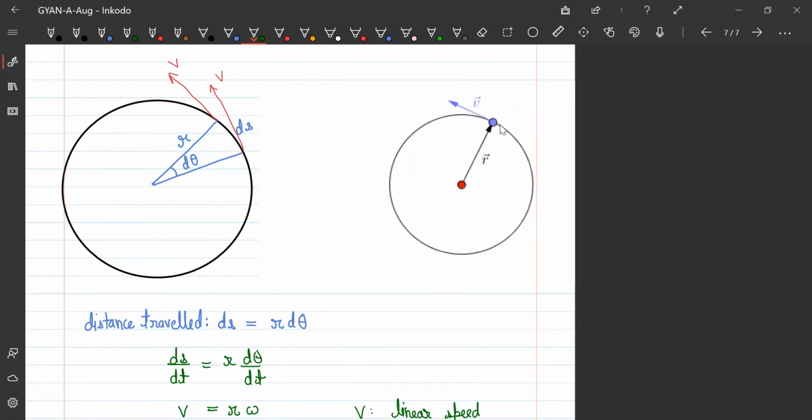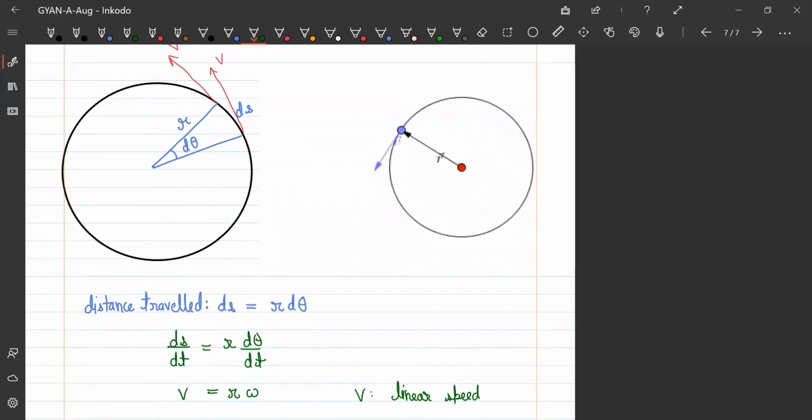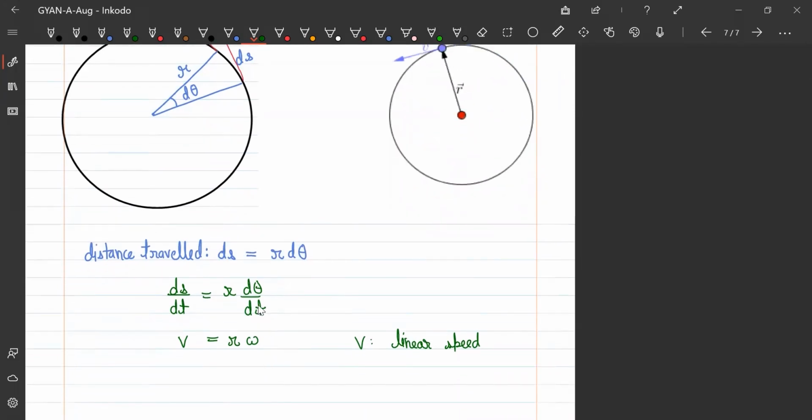So this particle is moving on the circle, and if you take the ratio of the distance traveled in a small time, that gives you the linear speed. So v is equal to R omega. That gives you the relation between angular velocity and linear velocity.